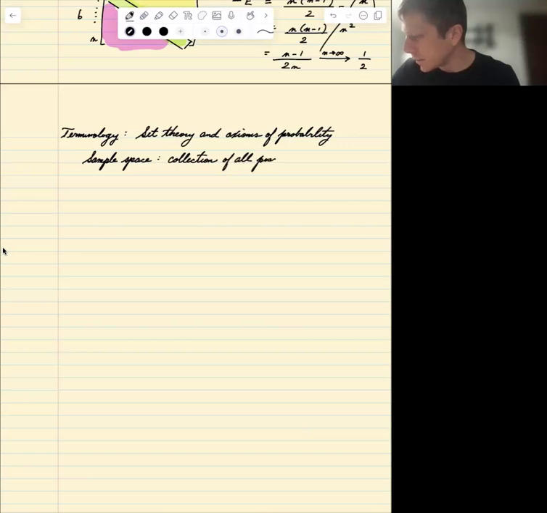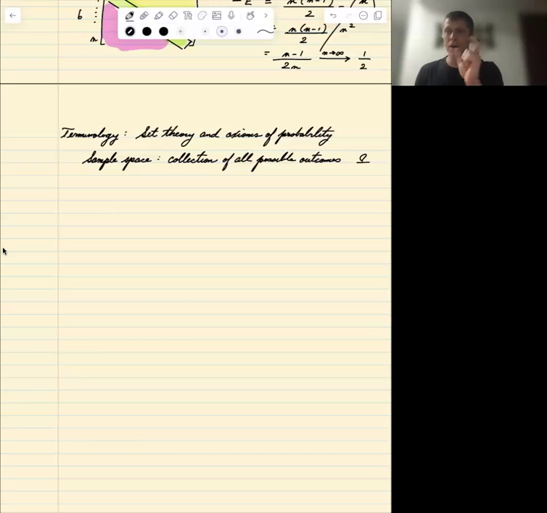So outcomes, you can think of them as like the atomic events in a probability experiment. We write this set as omega. So what do I mean by the atomic events? When we're rolling two dice, the number on die one and the number on die two, that pair is an outcome. That's as granular as we can get on that roll of the dice.